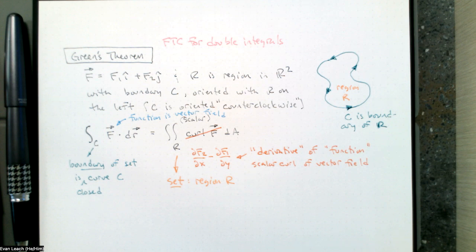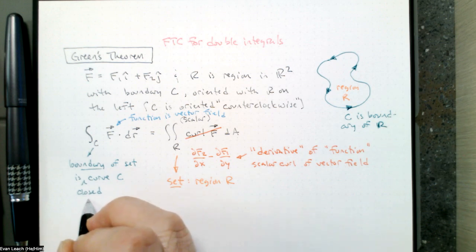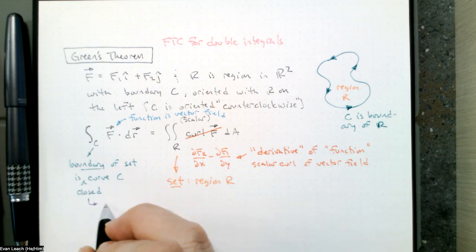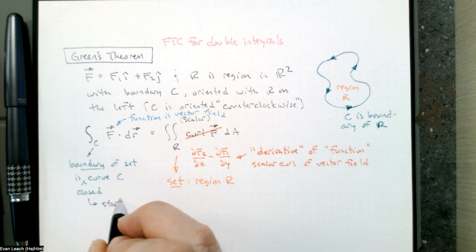Notice that the curve C, since it's the boundary of some region R, is a closed curve, which means that the starting point and the ending point are the same. It starts and ends at the same point. So the closed business means starting and ending at the same place.